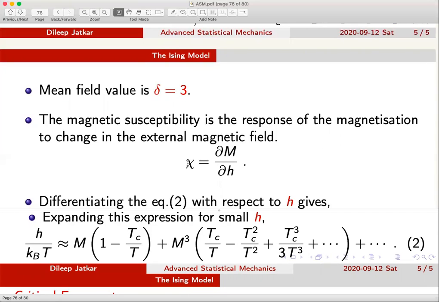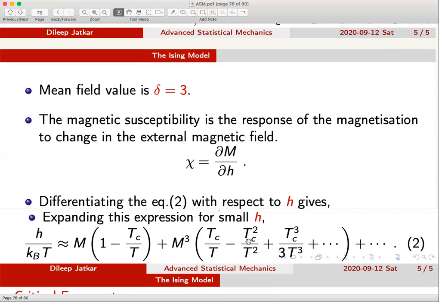You want to ask: what is the rate of change of magnetization as you change the external stimulus? That behavior is what is called the susceptibility. How susceptible is the magnetization of the system to the external stimulus?